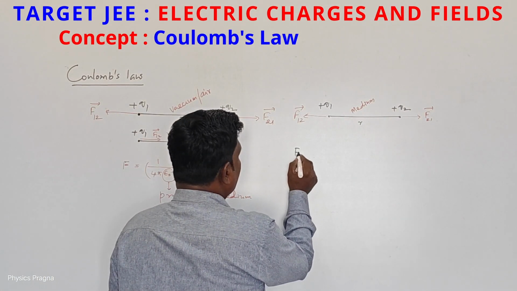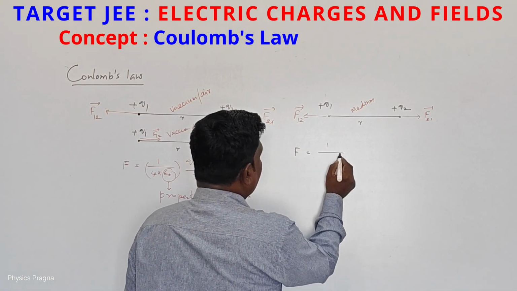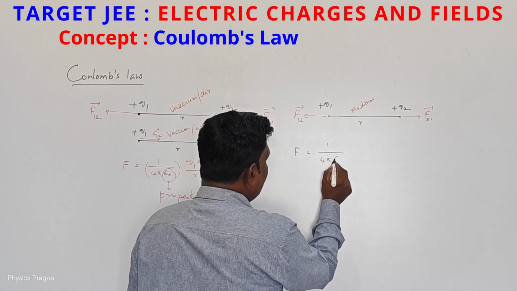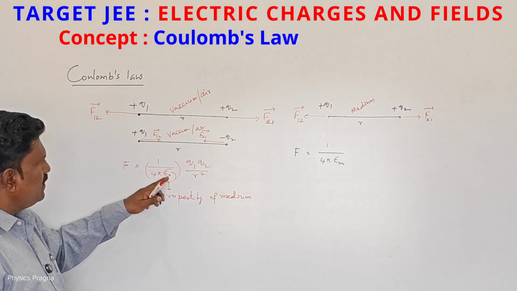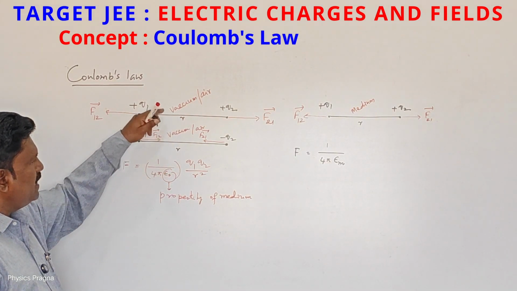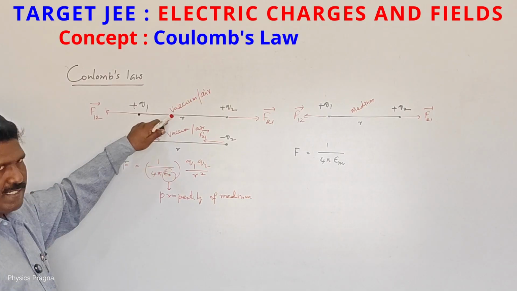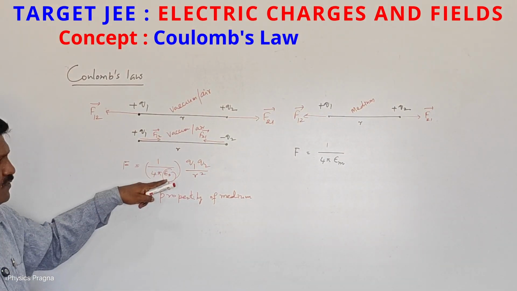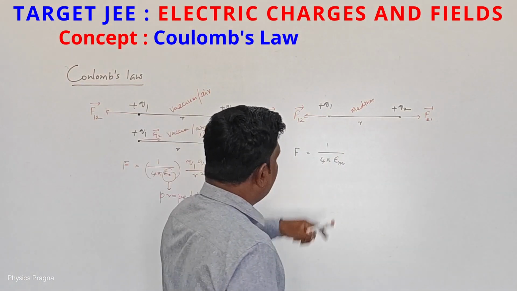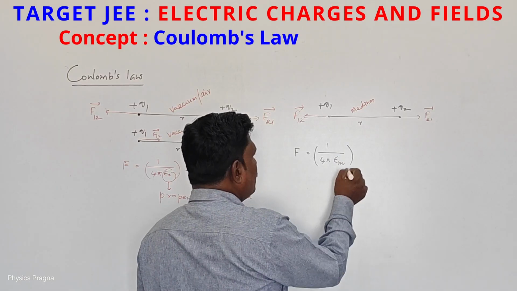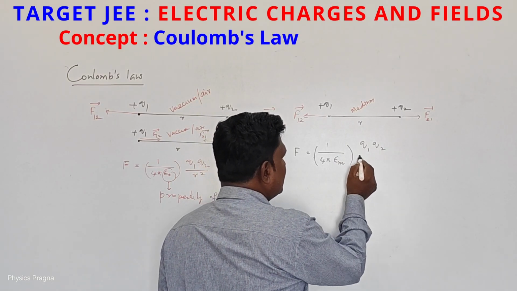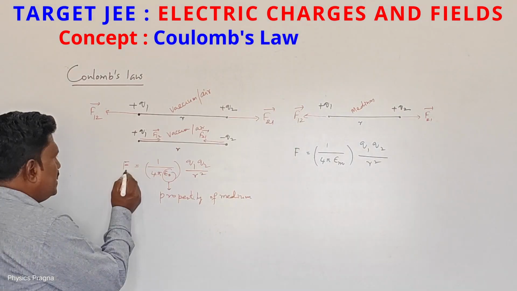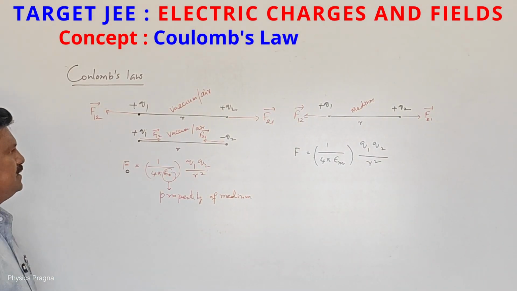F is equal to 1 by 4 pi, and here epsilon of the medium we have to take. In free space we took epsilon naught, why? Because there is vacuum or air. Whenever vacuum or air is present, we say permittivity of free space. When a medium is there, we have to take the permittivity of the medium, Q1 Q2 by R square. To distinguish, I will write this as F naught.